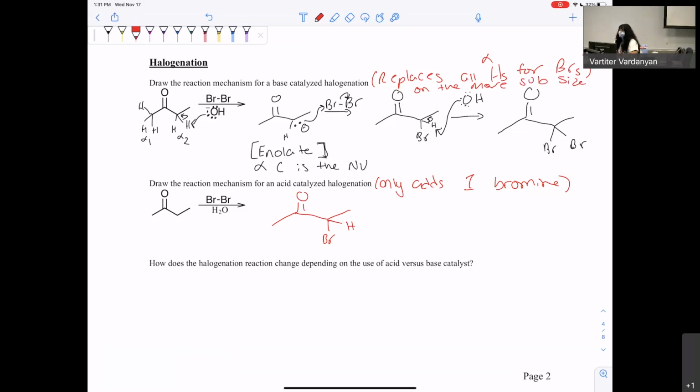I just added a little note there because that was bothering me that I didn't have it written. So I replaced all alpha hydrogens for bromines on the more substituted side.